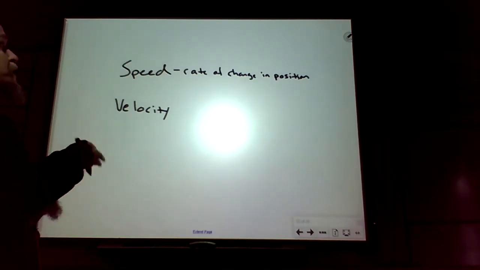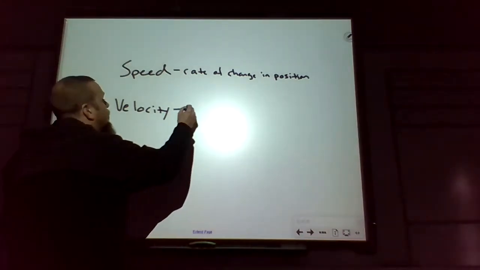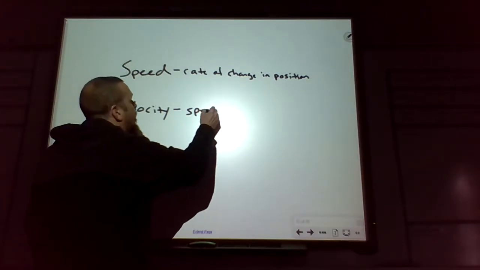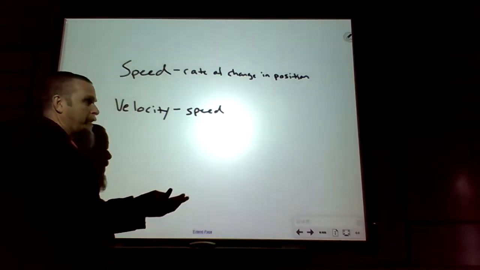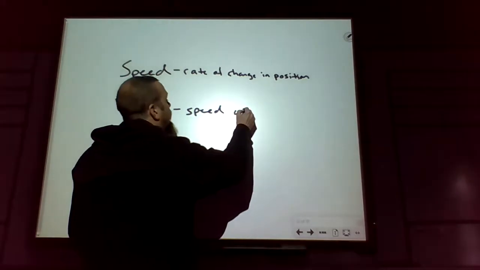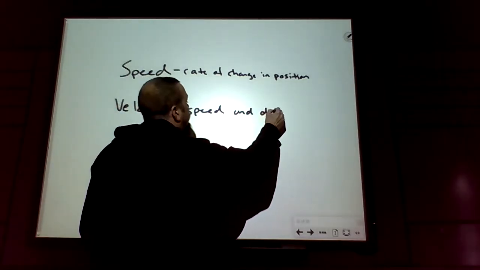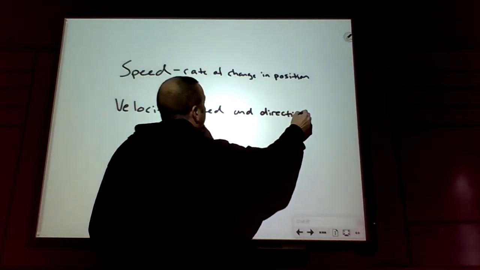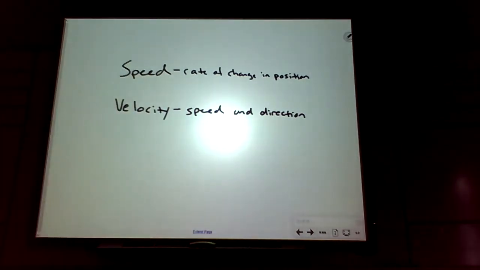Whereas velocity is rate of change in position, so it is speed, but it has that extra direction component on it. So speed is just rate of change in position by itself. Velocity is rate of change in position or speed and direction.